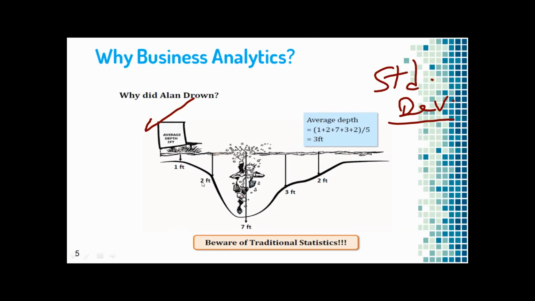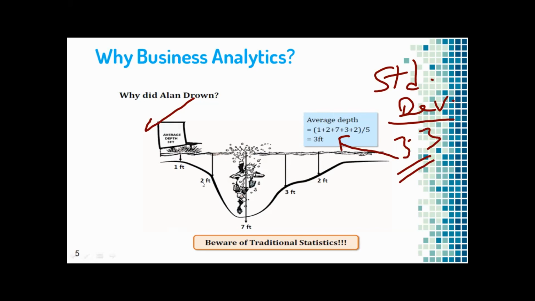Number second, standard deviation is the deviation from the mean or average. So if a standard deviation would have been provided, let's say it is coming somewhere around 3.3, what does it mean? Standard deviation is deviation from mean. Mean means average.